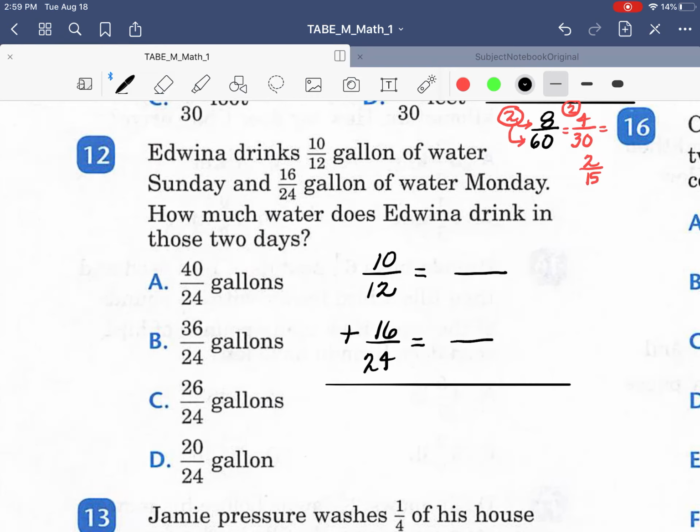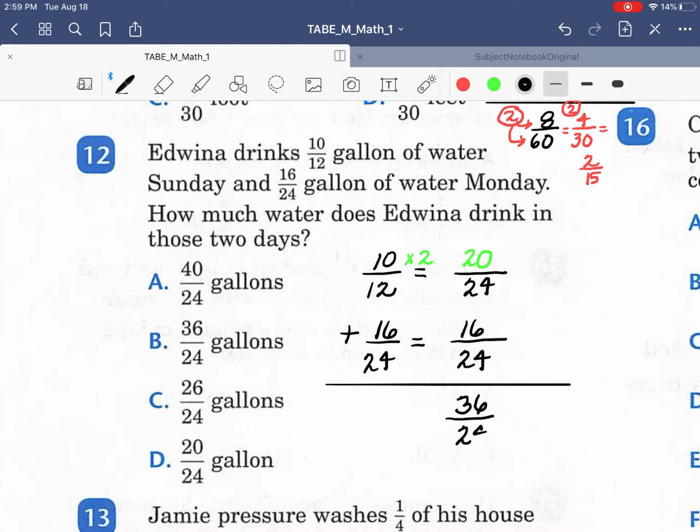And ask yourself if the 24 will work for both denominators, and it will. This one's good to go. But this one we have to do a little math. We have 12 into 24, that's 2. And 2 times 10 is 20.